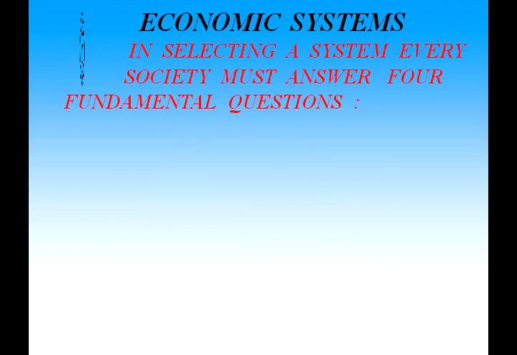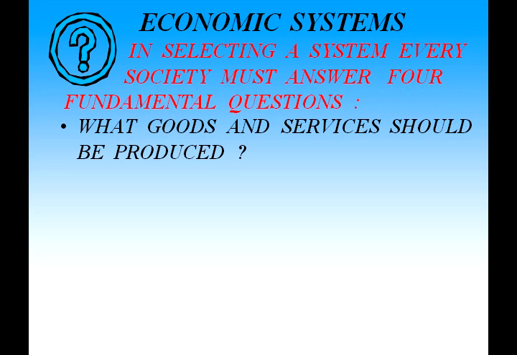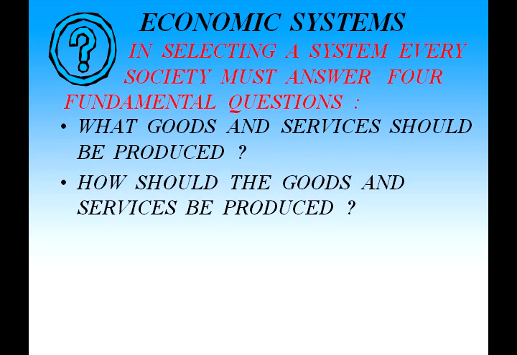In selecting an economic system, a society must answer four fundamental questions. The first is, what goods and services does the society want produced? The second is, how should the goods and services be produced?